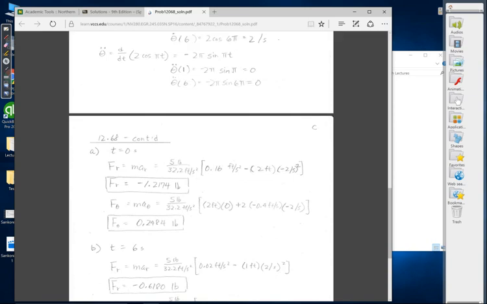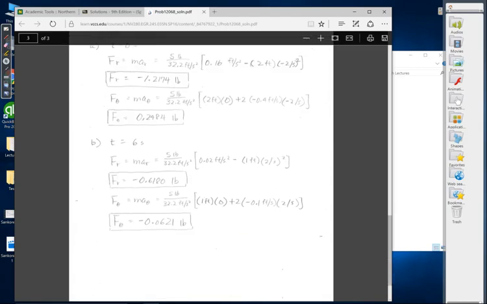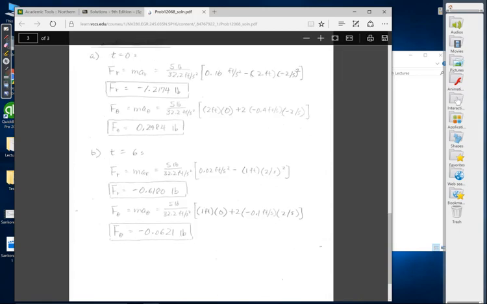Remember, this is a US unit problem, so you're usually given weight, not mass. So if you're given weight in pounds, you've got to divide by acceleration due to gravity to convert it to mass in slugs. So go ahead and do that, and you can see this is how you come up with forces for both 1 second and 6 seconds.